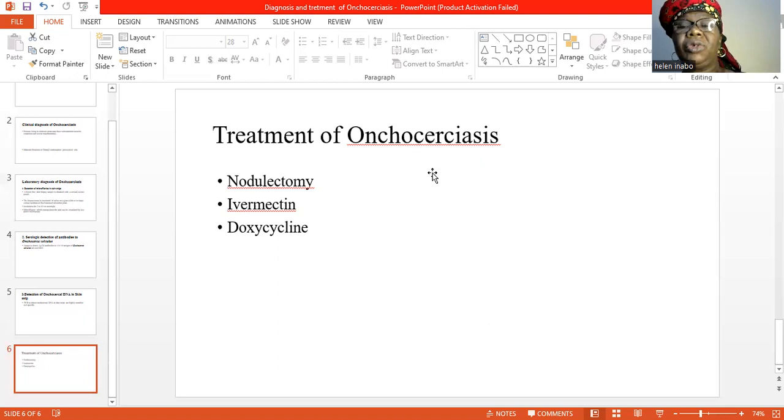Next is the administration of ivermectin, which is important. Chemotherapy is the mainstay for the treatment of onchocerciasis.